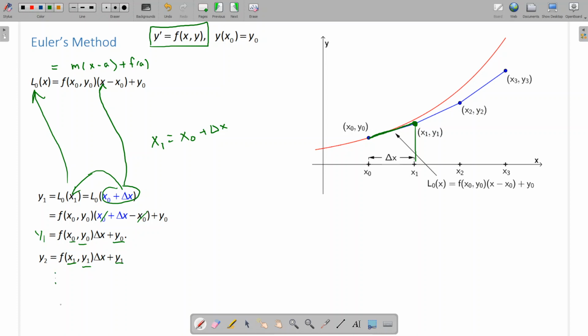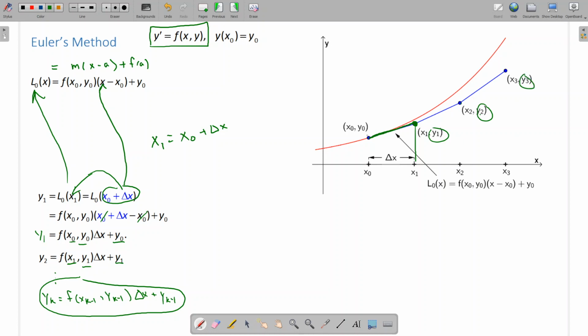So if we iterate that process, if I want the kth step, then it's just going to be f of (x sub k minus 1, y sub k minus 1), times delta x still, plus y sub k minus 1. So this gives us a formula to generate each of these different y values. And then we can just connect them to draw the graph.